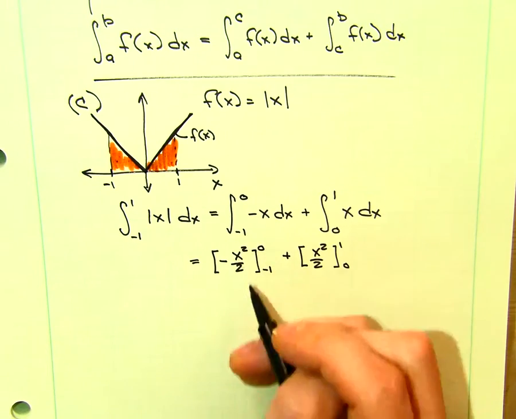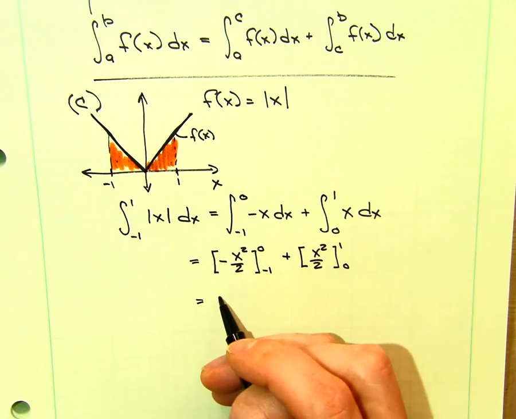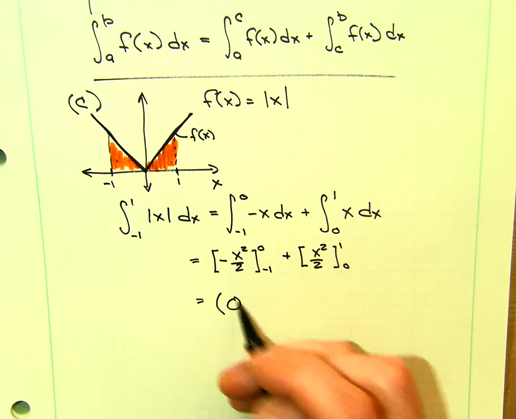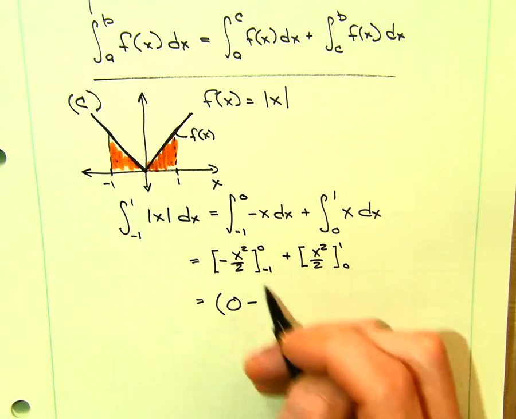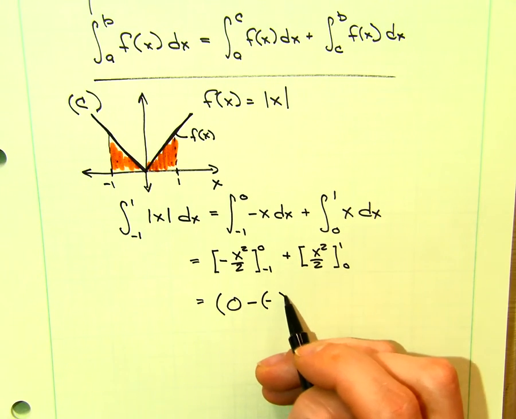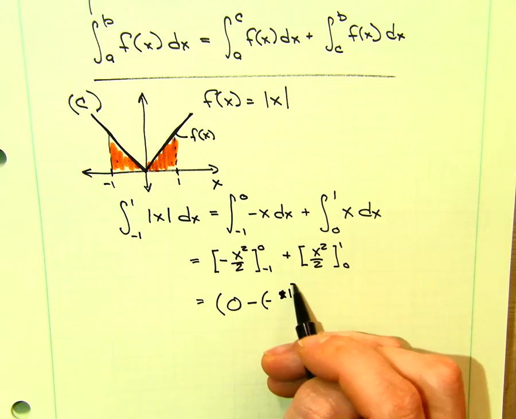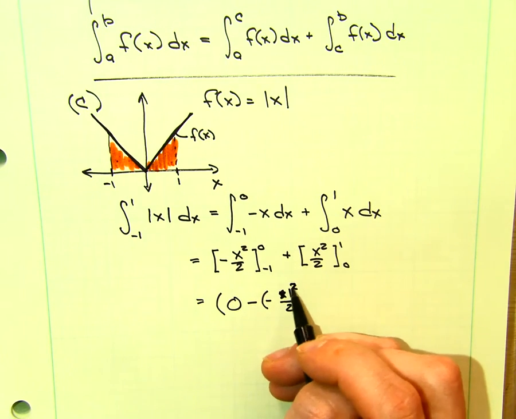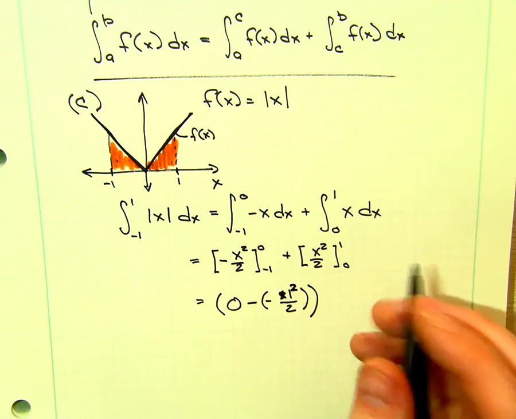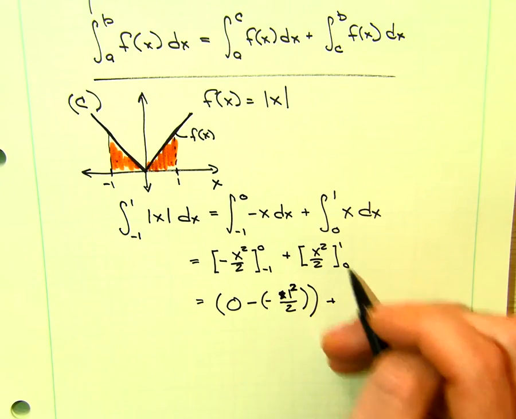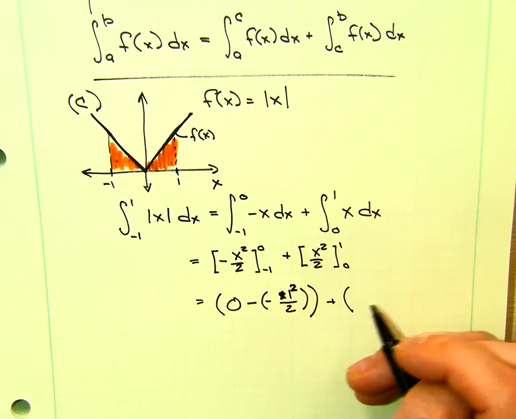Now when I plug 0 in here, I get 0 minus this one. I get negative x squared, or in this case I'm plugging in 1, so I get 1 squared divided by 2 there, plus, now I'm just plugging in the values here. Once again, hopefully you guys can do this a little bit quicker.